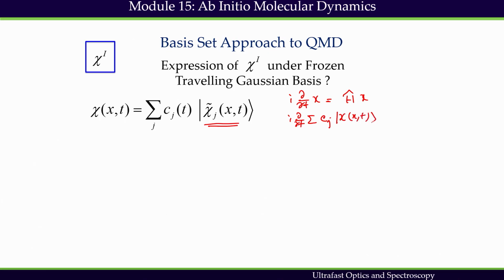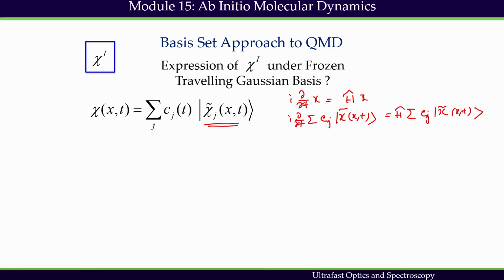That's the way we are taking it, and in that case H acts on the sum over j of c_j chi, which is now a function of x and t.